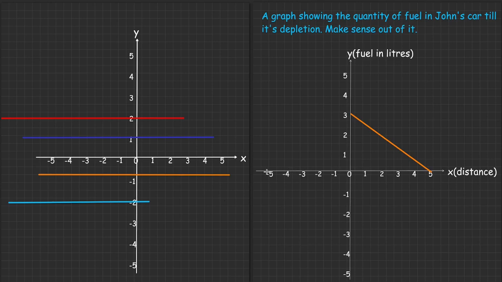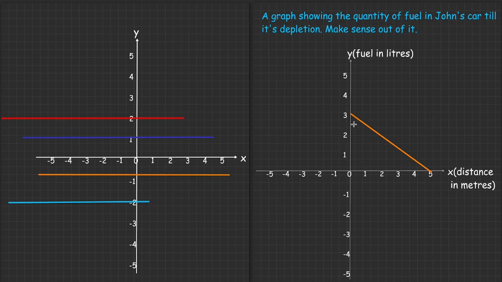So looking at the graph we have here, the y-axis has been labeled fuel in liters, whilst the x has been labeled distance, or better still, distance in meters.